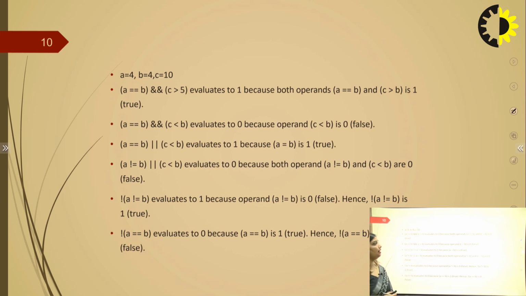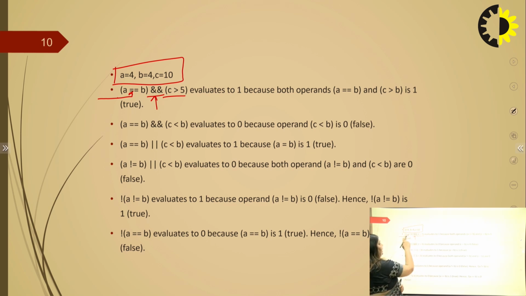So here I have taken some examples. Let's suppose the value of A is 4, B is 4 and C is equal to 10. It can be chosen by you also. Here we have a relational operator A is equal to B, then the logical AND operator, and again a relational operator.